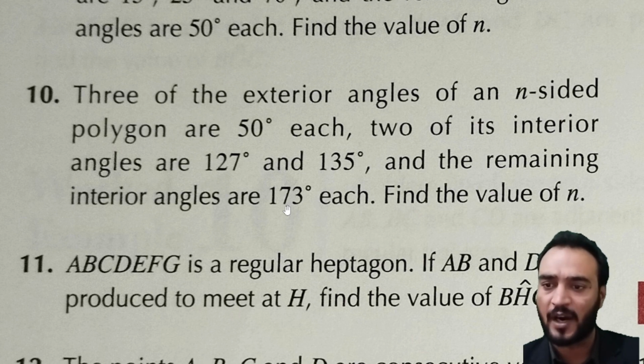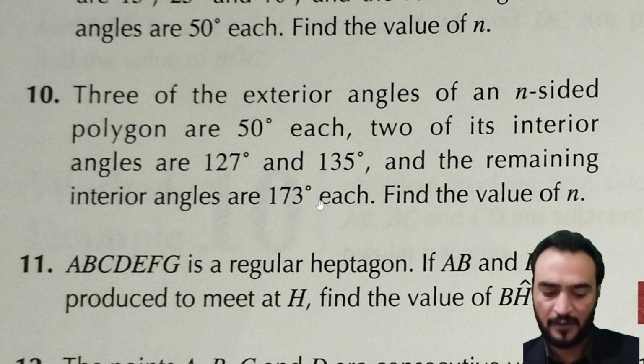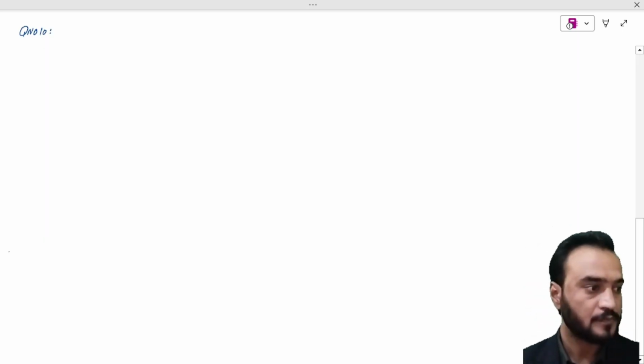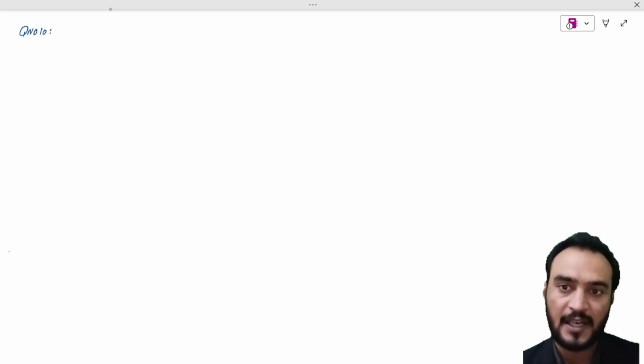We have to find the exterior angle whose interior is given, that is 173. Subtracting from 180 degrees, we get the exterior angle with 173 degrees. Find the value of n. We have to find the value of n, so let us solve this question.